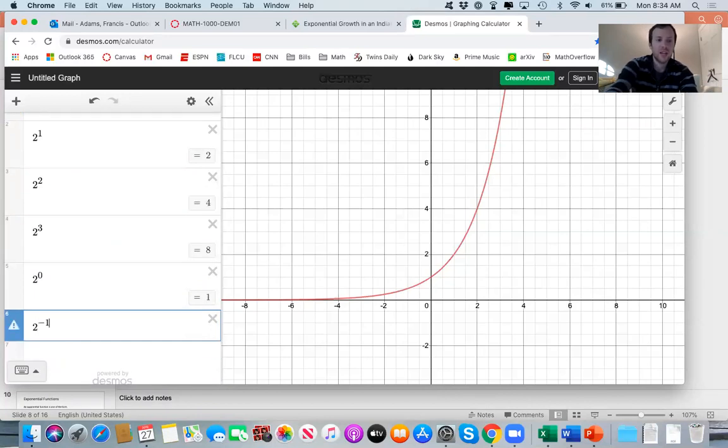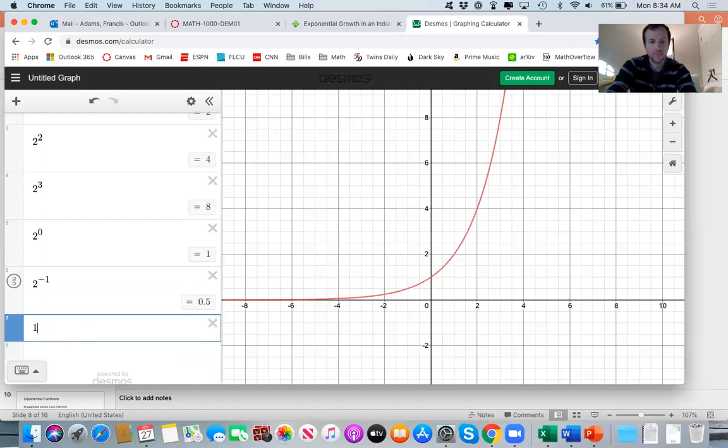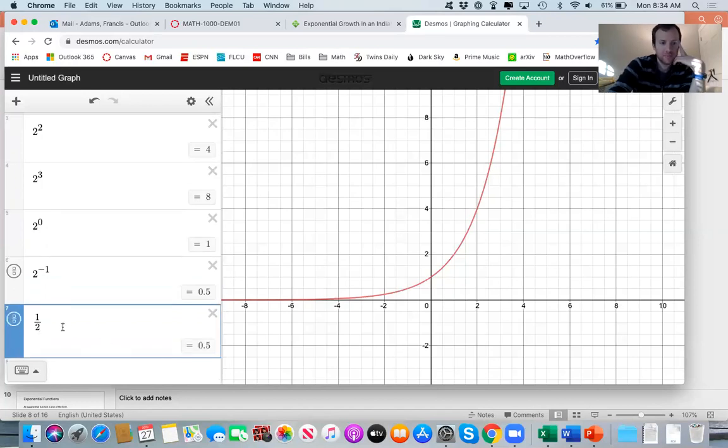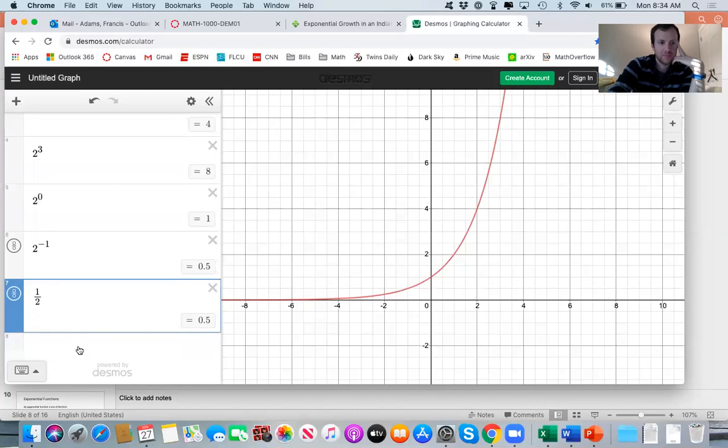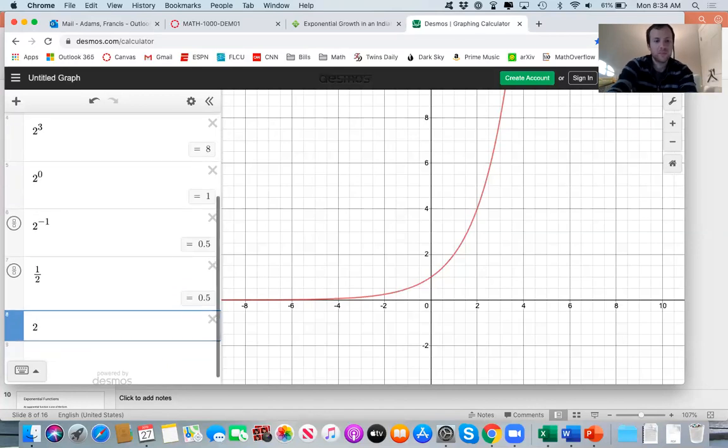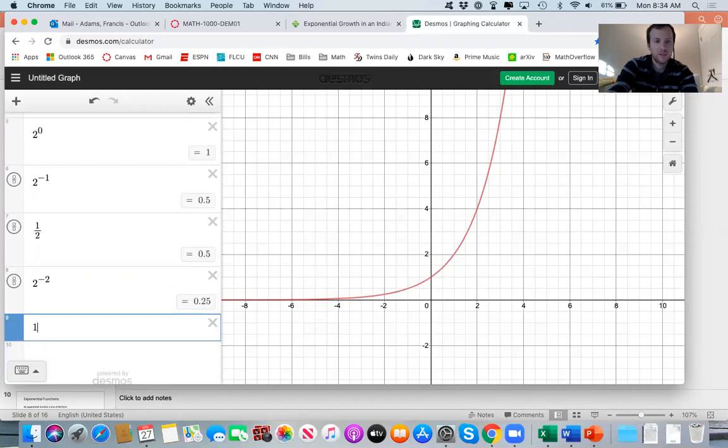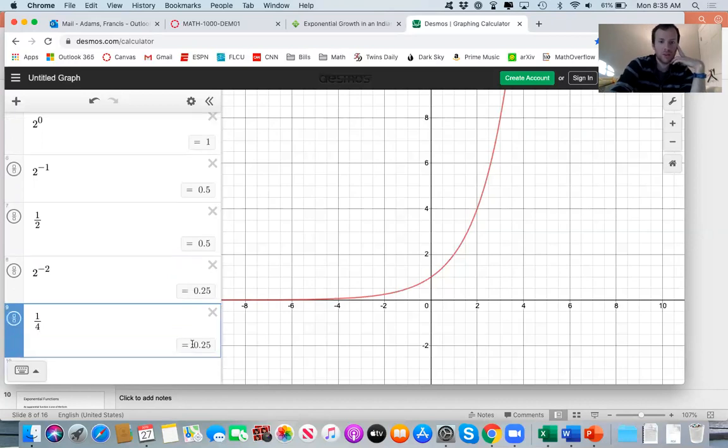And this is how negative exponents work. 2 to the negative 1 is 0.5, which is a half. 2 to the negative 2 is a fourth. And we can see those numbers.